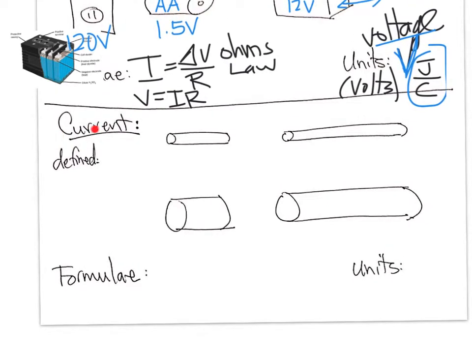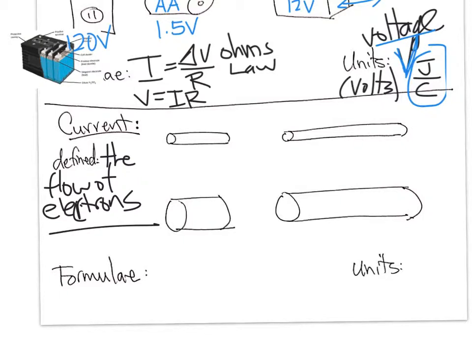Okay, current. Current is defined as the flow of electrons. The positive charges don't move, but the electrons are pretty free to move. So we talk about charge per time.